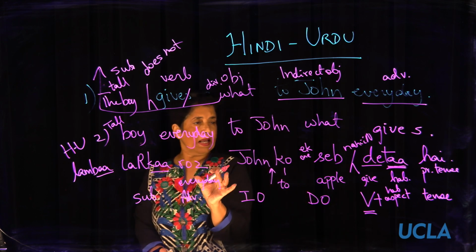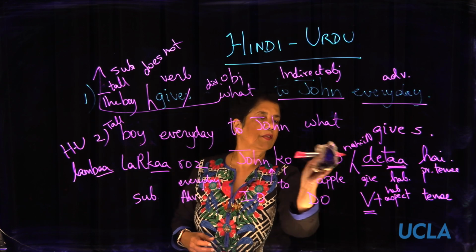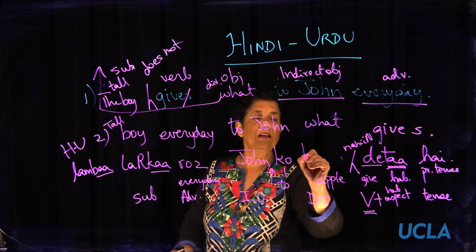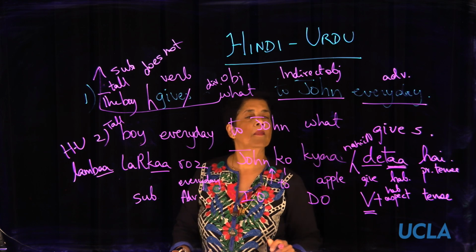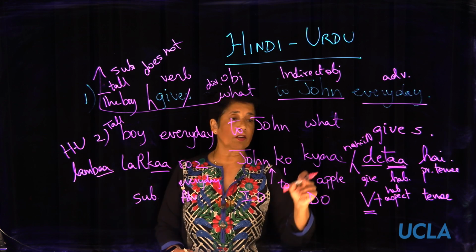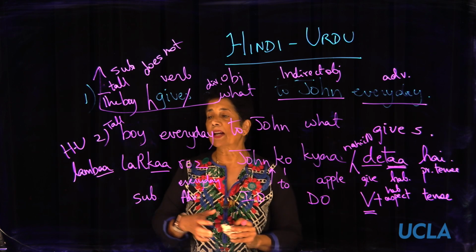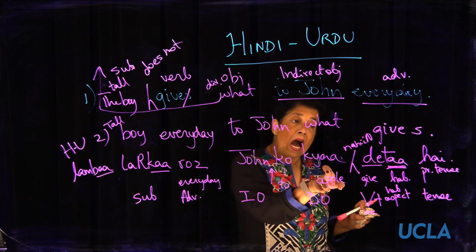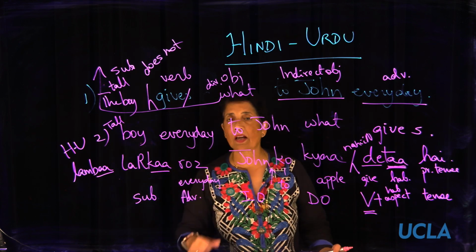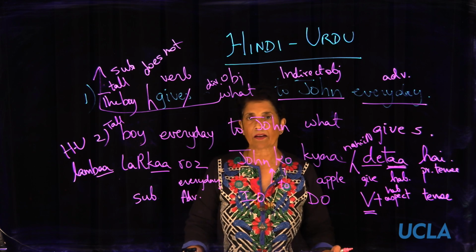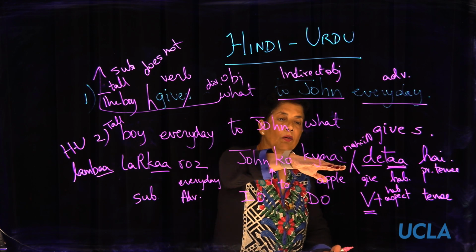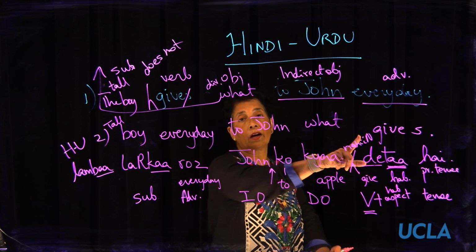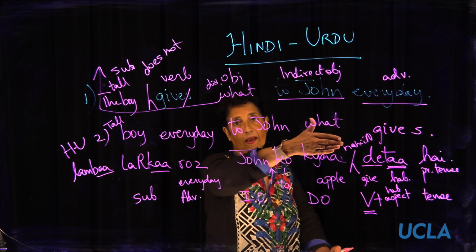Okay? In Hindi-Urdu, we remove the word for apple, and the word for what is kya. But Hindi-Urdu is easier. You don't need to move it. So we can say, लंबा लड़का रोज जॉन को क्या देता है? What does he give to John every day? Okay, so in Hindi-Urdu, the question word goes similar to the negation.